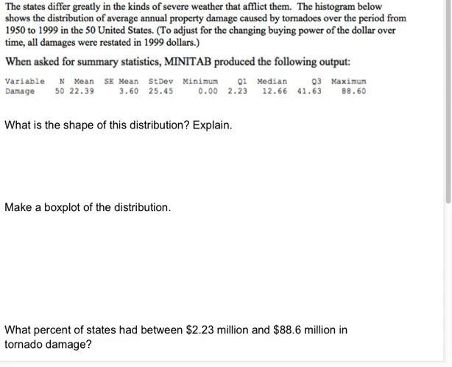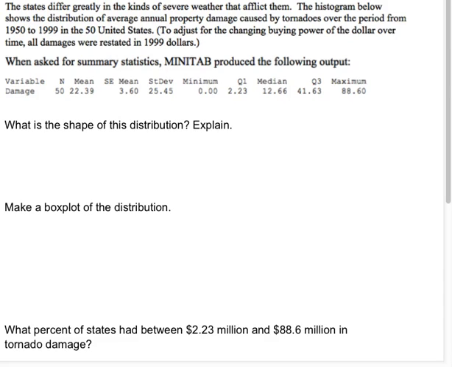All right. So first thing, what is the shape of this distribution? By shape, what is it talking about? Well, remember we talked about how to determine the shape based on comparing the mean to the median.